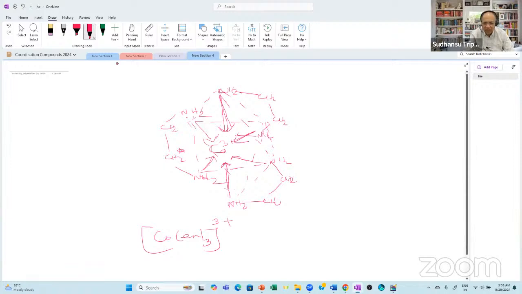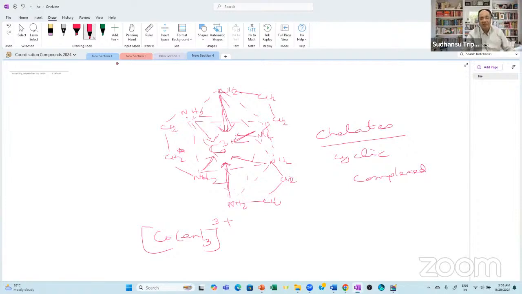So these are called chelates, cyclic complexes formed by polydentate ligand. If there is a tridentate ligand, then one ligand will form two rings. Bidentate ligand, one ligand will form one ring. And there are three ethylene diamine, it will form three rings, 5-membered rings each.